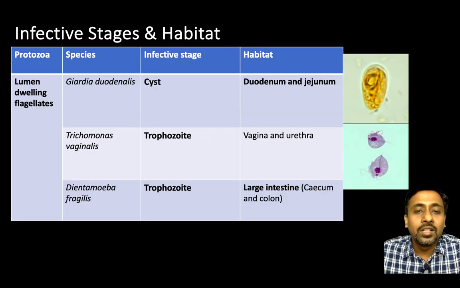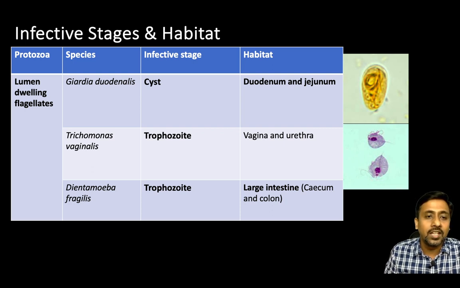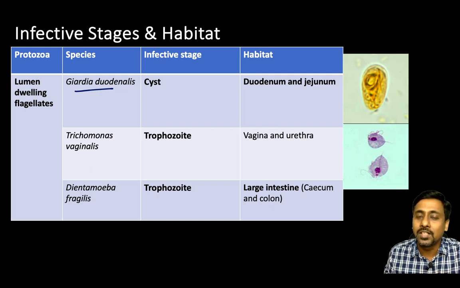Now coming to the infective stage of lumen-dwelling flagellates. There are three important lumen-dwelling flagellates that are pathogenic to humans. The first one is Giardia duodenalis. As it is intestinal, the infective stage will be the cyst. The name itself suggests that it is an intestinal pathogen.